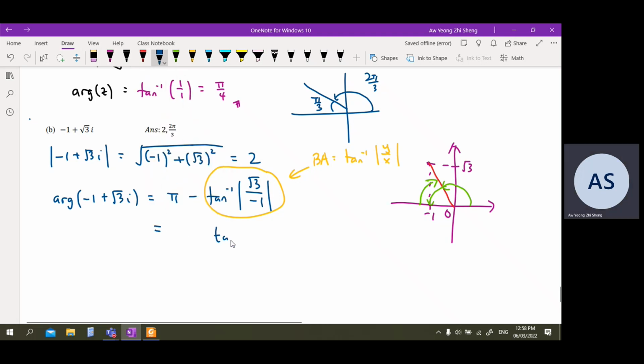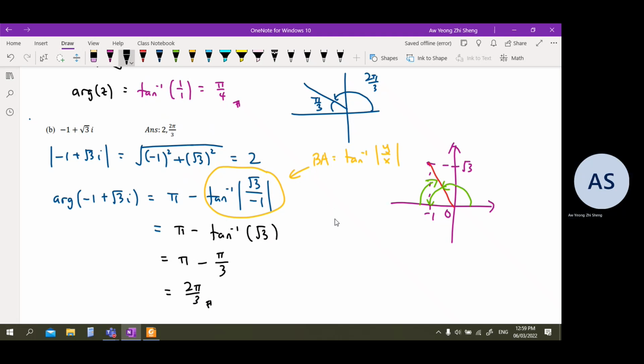Of course, if you write this as inverse tangent of root 3 divided by 1, it is the same thing. So this is pi minus the inverse tangent of root 3. The inverse tangent of root 3 gives you a special angle, which is pi over 3. So you get 2 pi over 3. Okay, that's it.